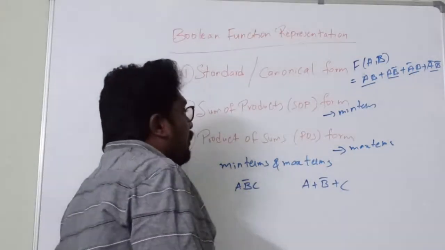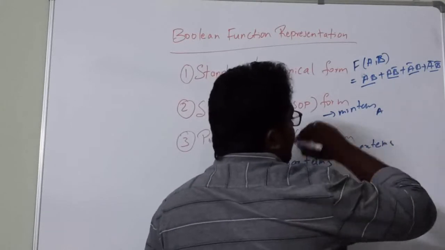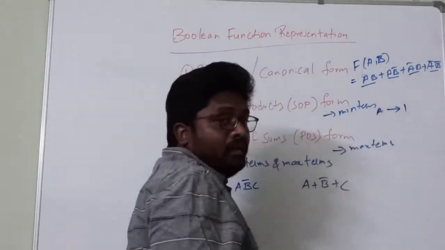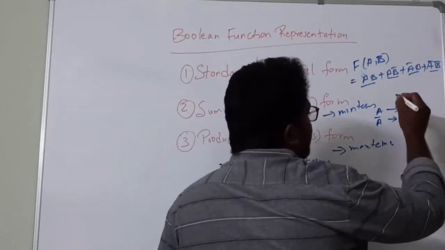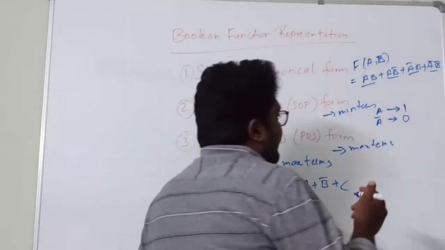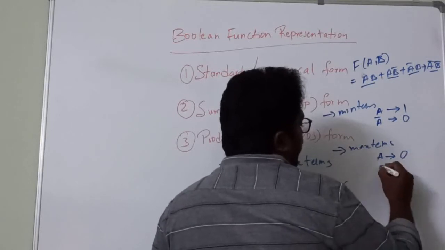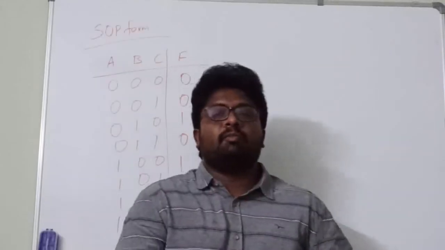In sum of products, a variable a will be represented with the higher bit, and a complement will be represented with 0, the lower bit. Whereas in product of sums, a is represented with the lower bit and a complement will be represented with the higher bit.